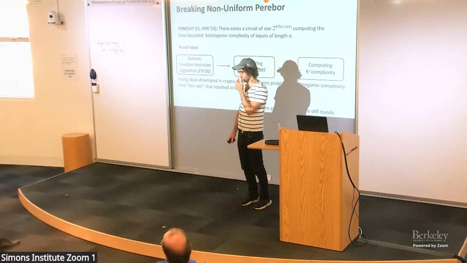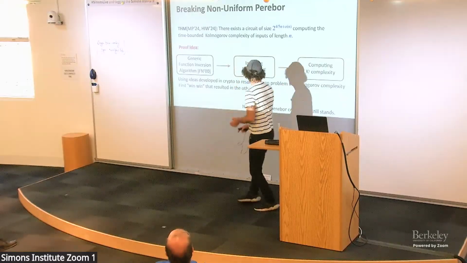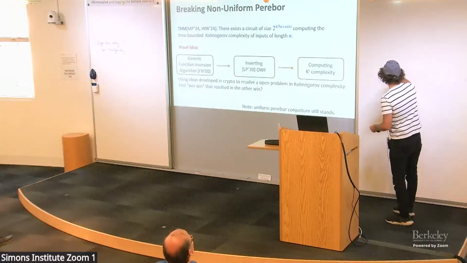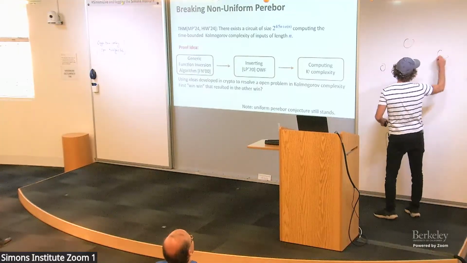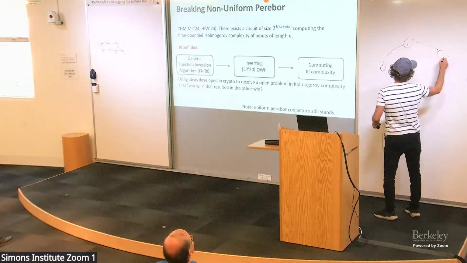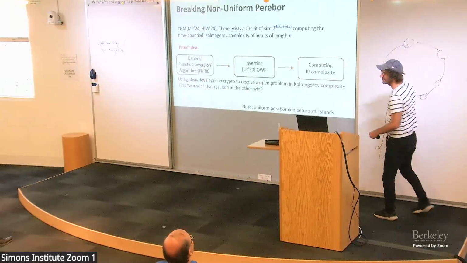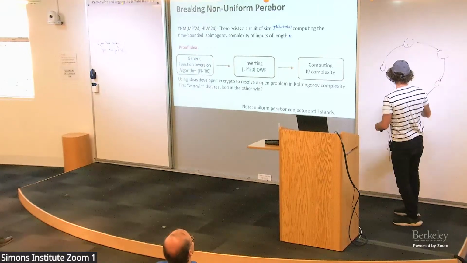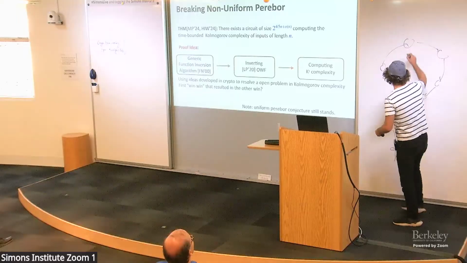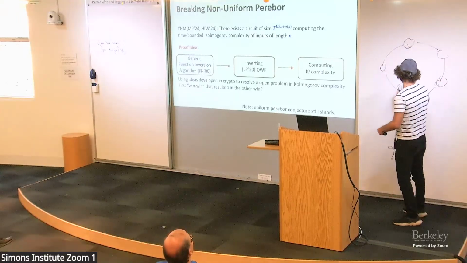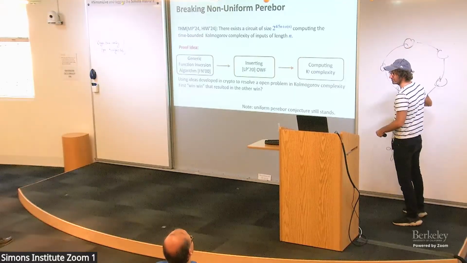Where does the non-uniform advice come from? I didn't want to get into it, but it's the way Hellman works. Let's say I have a permutation, and for simplicity say this permutation is really like a circle. So if you apply this function, you go around in this cycle like this. What Hellman does is store a bunch of these special points here, and that's what we're going to store non-uniformly.